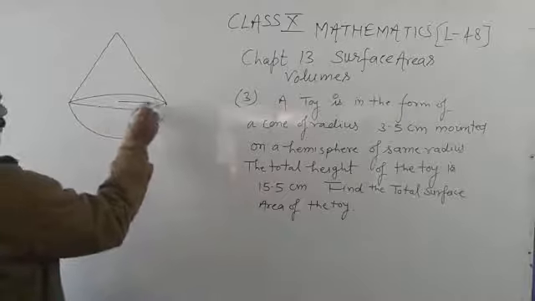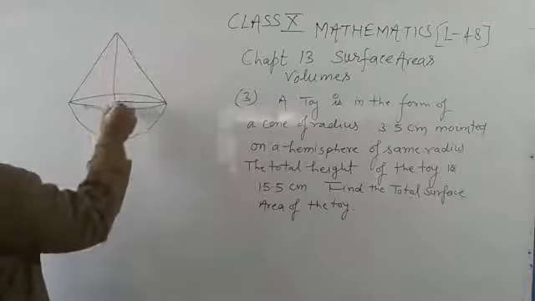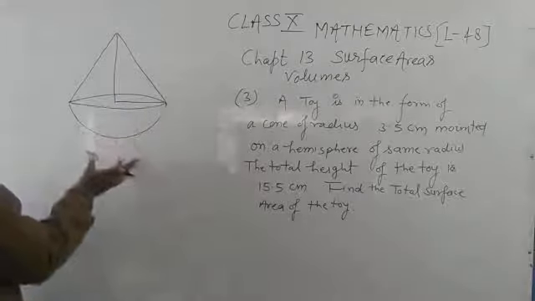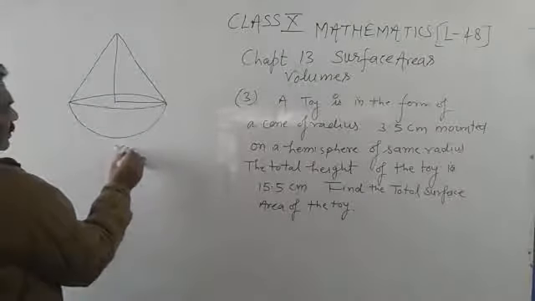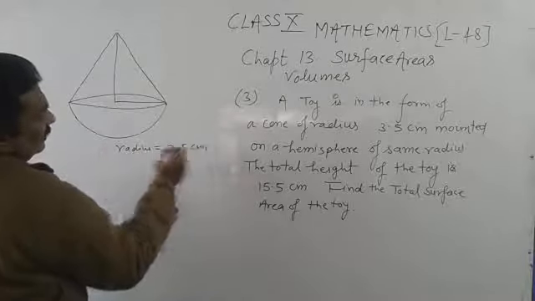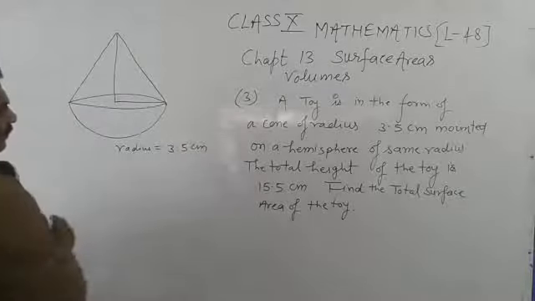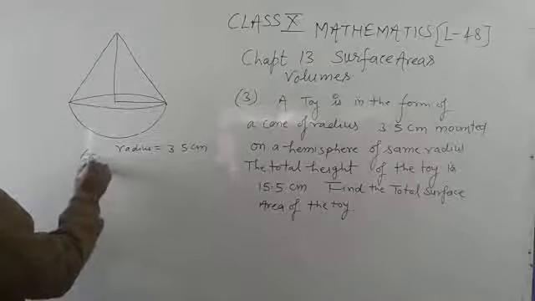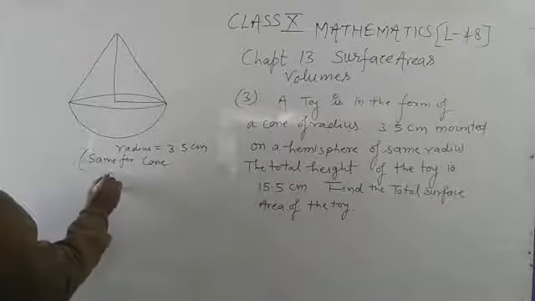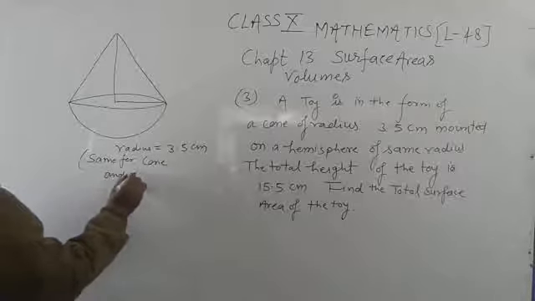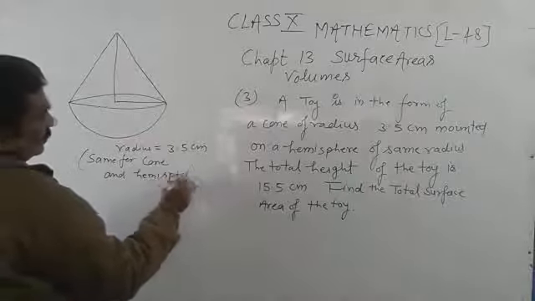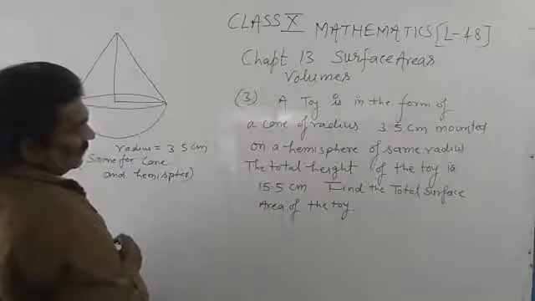See students here, cone is mounted on a hemisphere of radius equal to 3.5 centimeter. Radius is same for both cone and hemisphere.